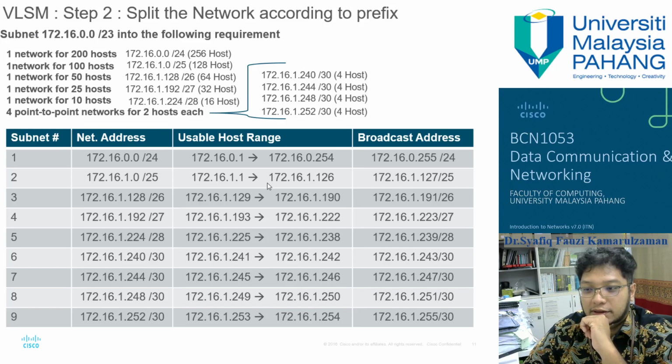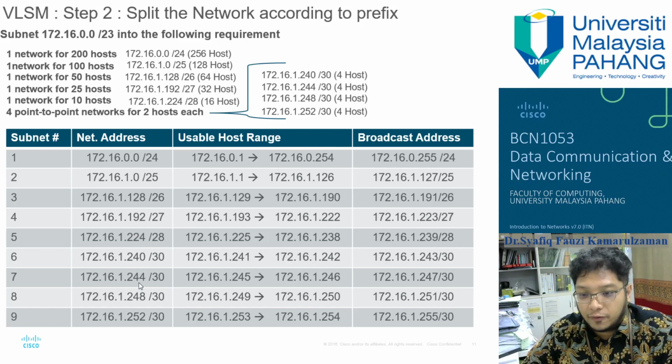So you go up until .1, and then this one, 1 to 8 hosts, and then from 1 to 8, you get 64 hosts, it goes up until 192, and then it goes up 32 until 224, it goes up 16 until 240, it goes up 4 to 244, it goes up 4 to 248, and it goes up 4 to 252, and another 4 up until .2.0, but we don't use .2.0. It goes up until the broadcast address .255.